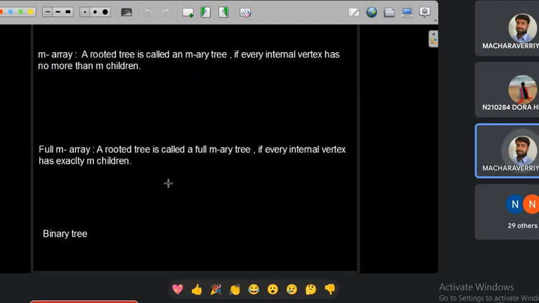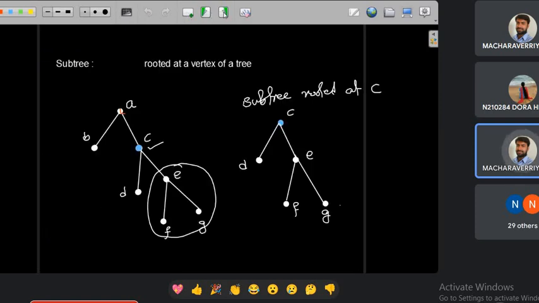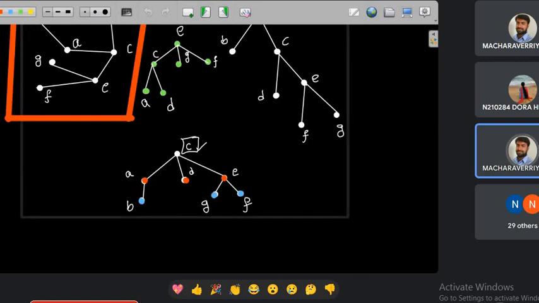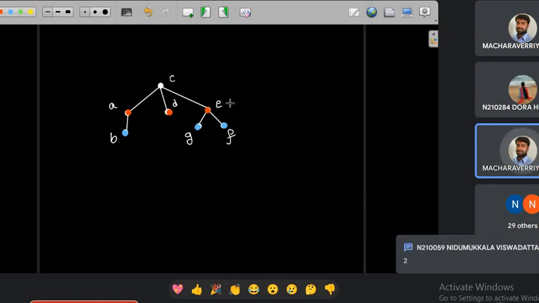Now let us define what is an m-ary tree and a full m-ary tree. For that I'd like to take an example. So let me take this example. Okay, so now you tell me, if you look at each vertex, how many maximum children does it have? Take the internal vertices including the root.